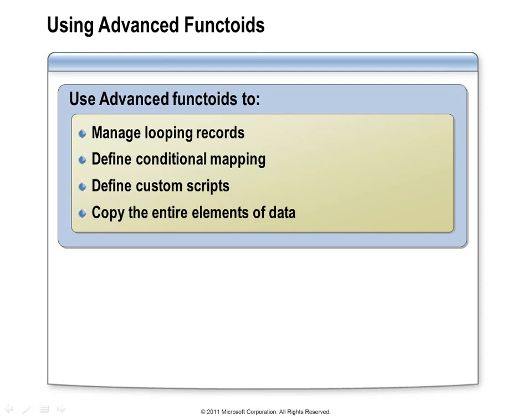Another situation that you might encounter is that you might need to copy an element and all of its children wholesale from the source document to the destination document. You might find that it's easier to use the advanced functoids for that type of mass copy. There are also some advanced functoids that you can use for diagnostic purposes. You can declare assertions, for example.